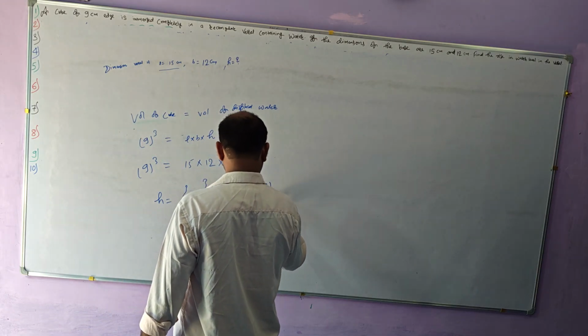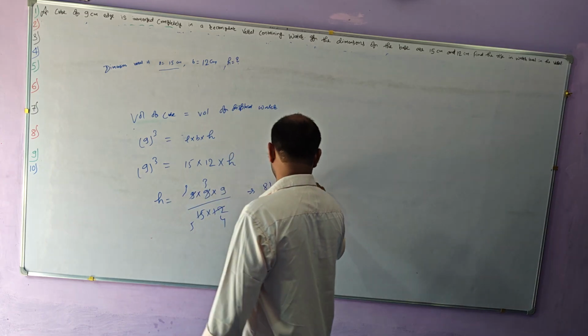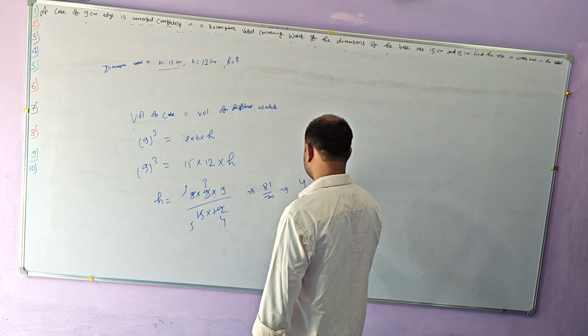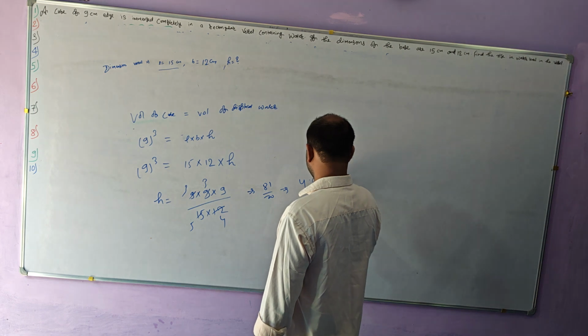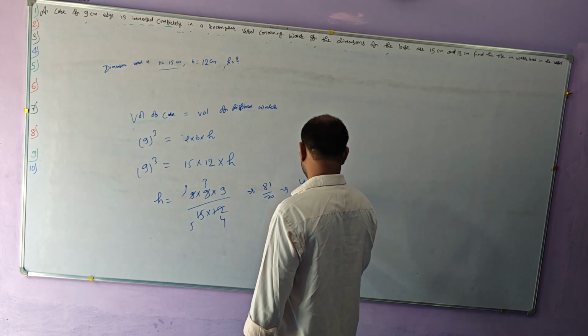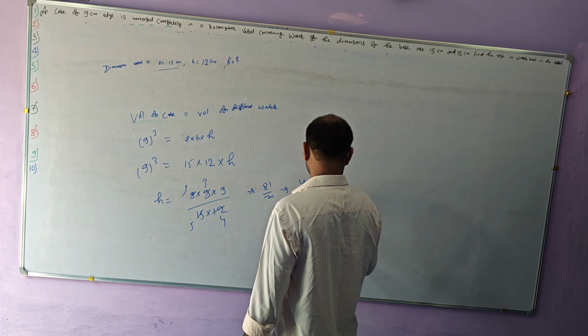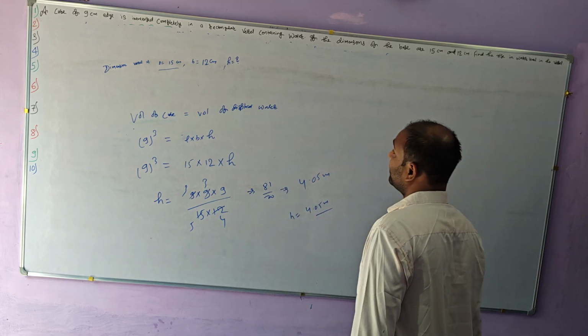That becomes 81 upon 20, that becomes 4.05. So H becomes 4.05 centimeter.